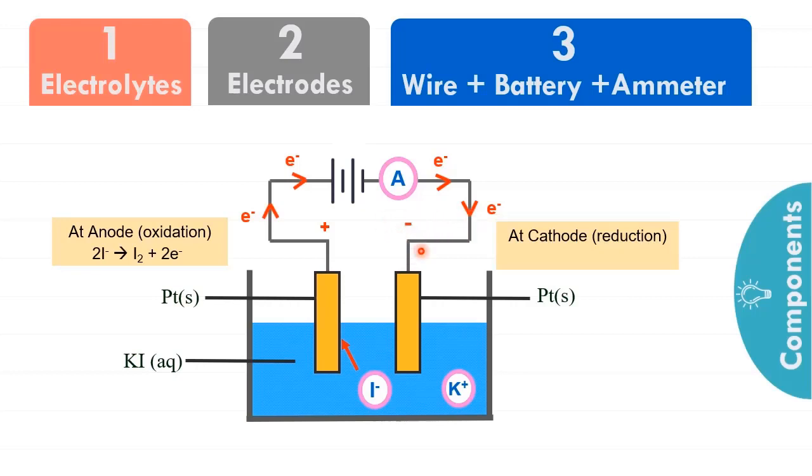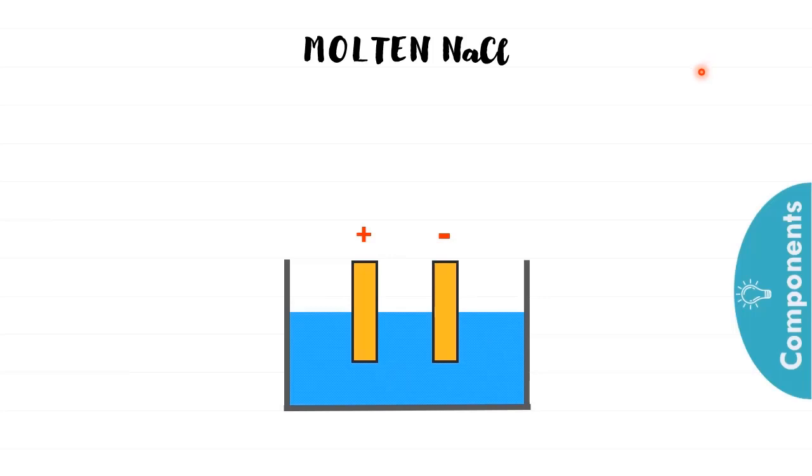And then this negative terminal will attract the cation K+ with positive charge to balance the whole reaction, so we have reactions taking place at the cathode. What matters now is which ions will be discharged at both cathode and anode for these non-spontaneous reactions. So, the electrolyte plays a major role in here.